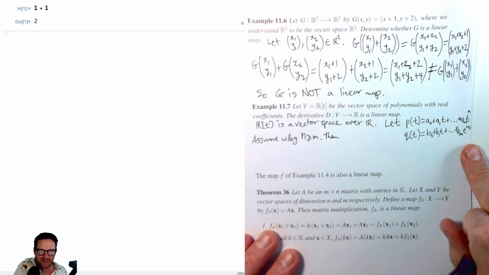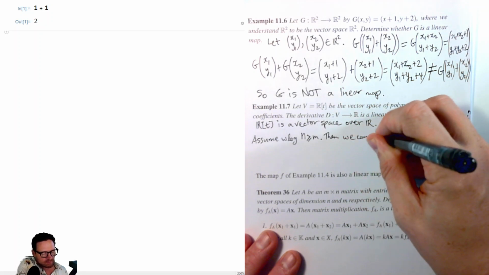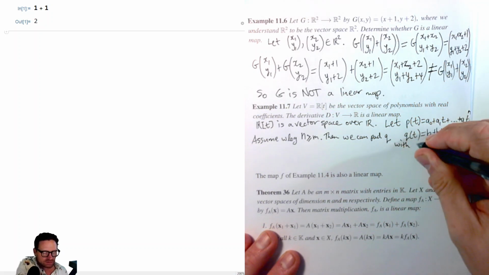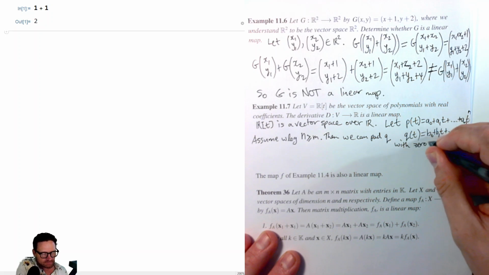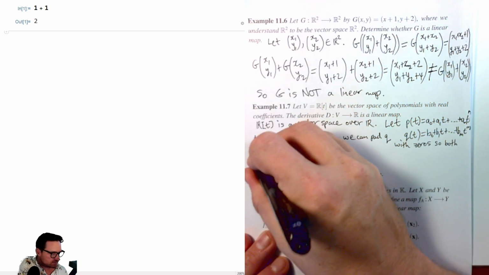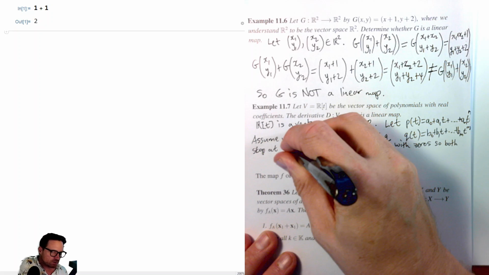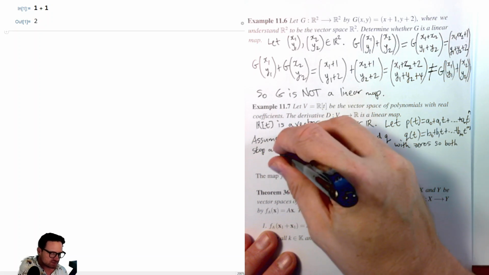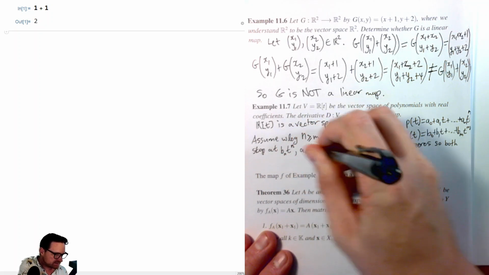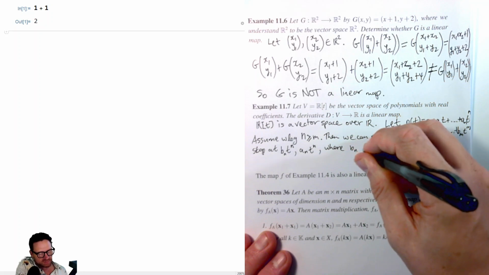Then we can pad out q. So we can pad q with zeros in the coefficients, so both stop at t to the power of n, where bn can be 0.